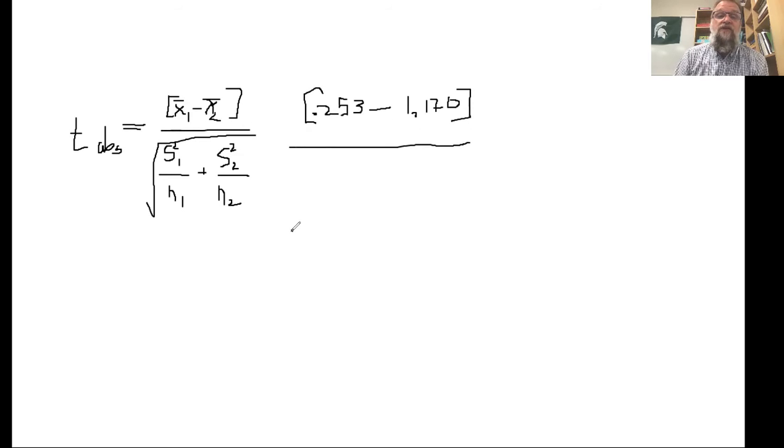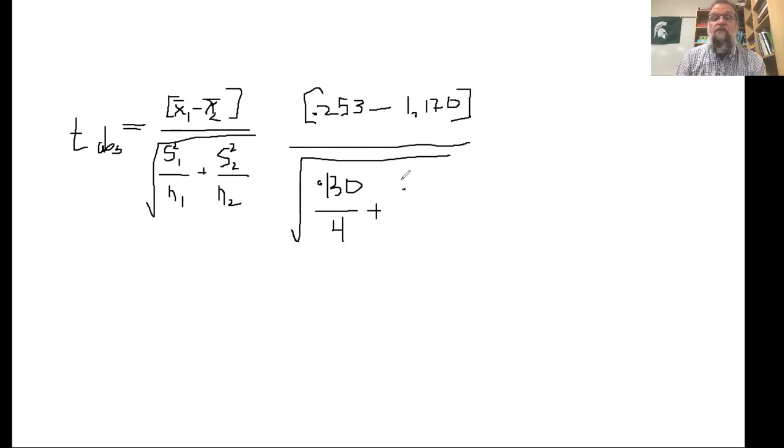And then I'm going to set that up. And let's say my variance in sample 1 was 0.130. And if I was doing the group data, that was 4 samples. And I'm going to add that to the variance in sample 2.